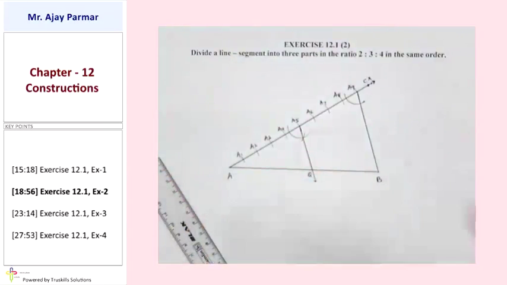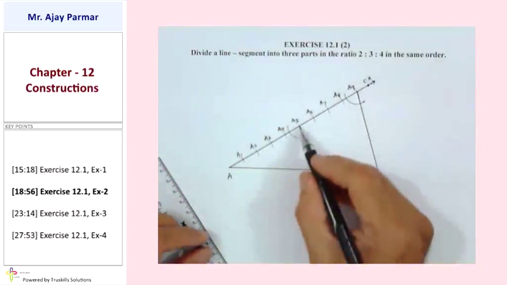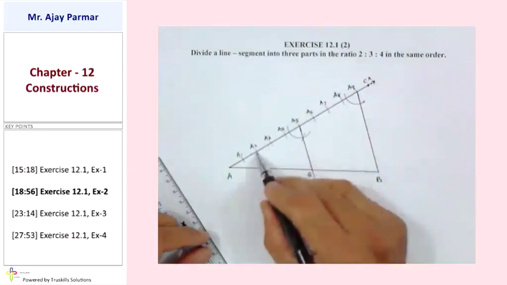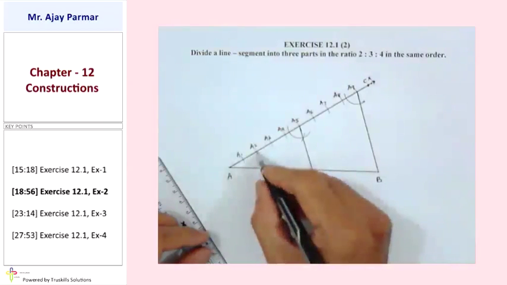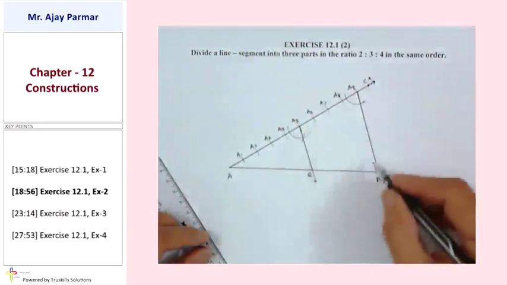Then 2 parts, that is counting 3 parts from here, 1, 2 and 3. So I should draw a line starting from A2 and parallel to both of these.